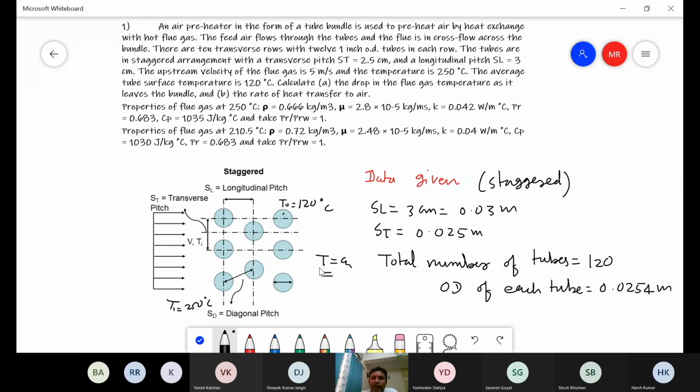Then solve the entire thing and find out the outlet temperature. Once we find this outlet temperature, let me call them T1 and T2, we can again find the average temperature between T1 and T2, find the properties of the flue gas at that temperature, and solve the entire problem again for the second iteration.